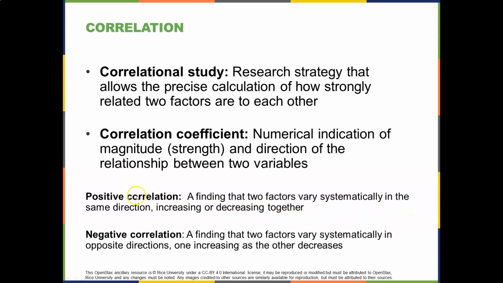A positive correlation is a finding that two factors vary in the same direction, increasing or decreasing together. Okay, I'm going to give you an example. Take, for instance, a study concerned with hours of study per day and GPA.